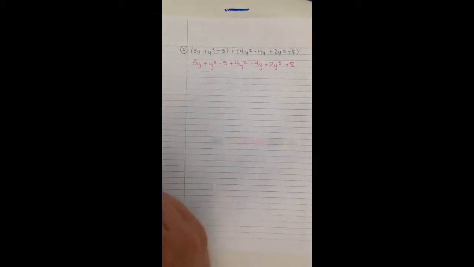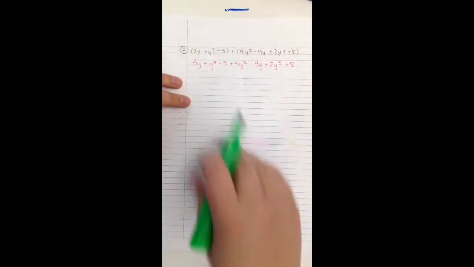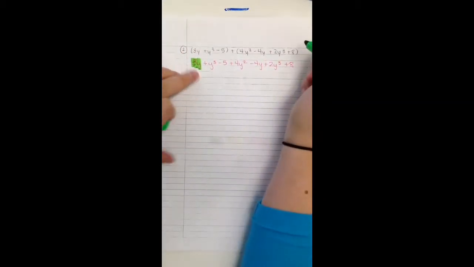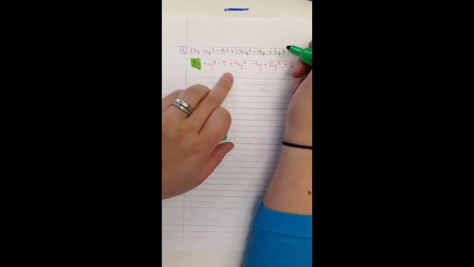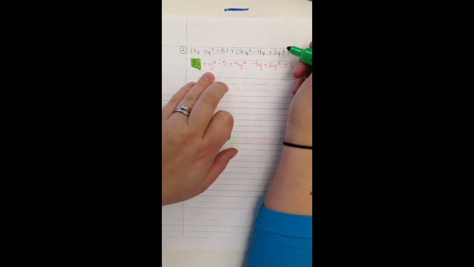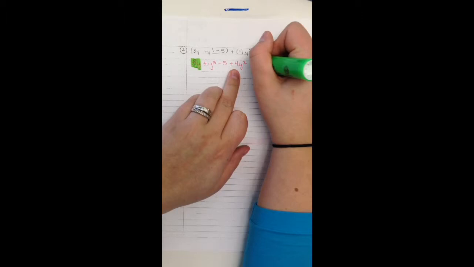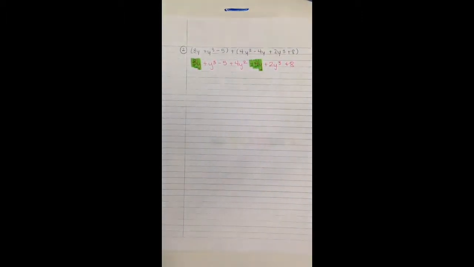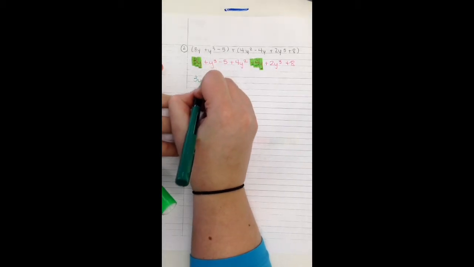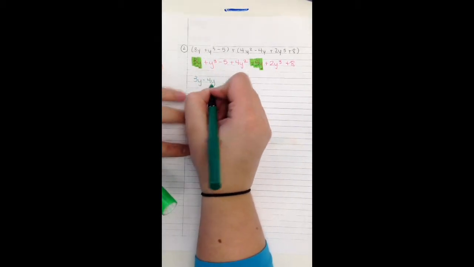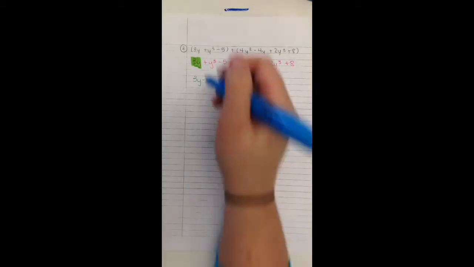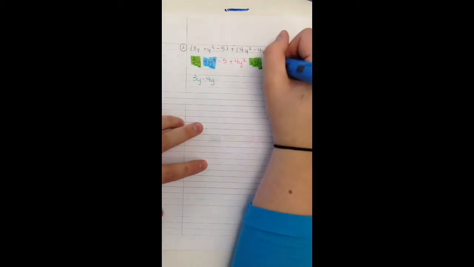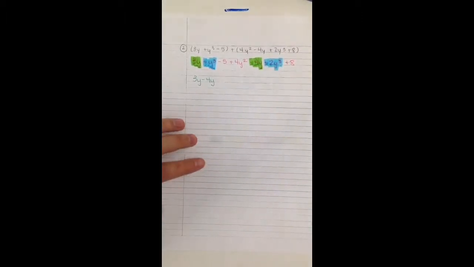I'm going to take my y's first. So I have 3y. Now I'm looking for anything with the y by itself. So this has cubed, this doesn't have any, this has squared, this minus 4y is okay, cubed, and then by itself. So I have 3y minus 4y. Then I'm going to take this next term and I have plus y cubed, look for the next one, plus 2y cubed, those are my like terms.